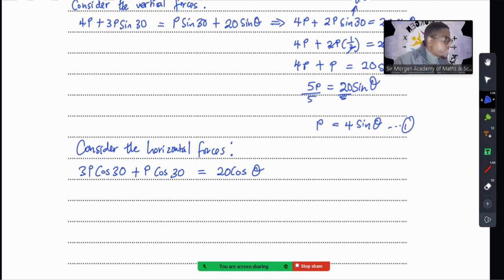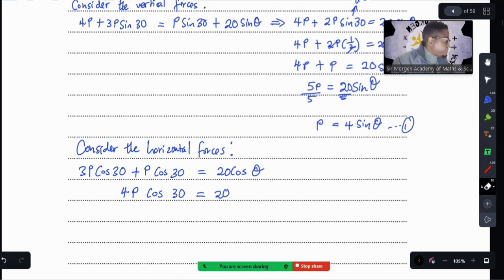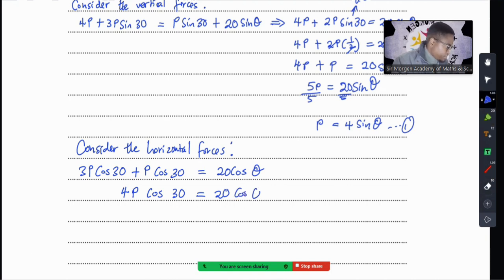This gives us 4p cos 30 equals 20 cos theta. Then cos 30 is root 3 over 2. So we can try simplifying that, or we can first divide by 4 this side. Right, anyway, let's simplify that. 4p, and then this is root 3 over 2 equals 20 cos theta.